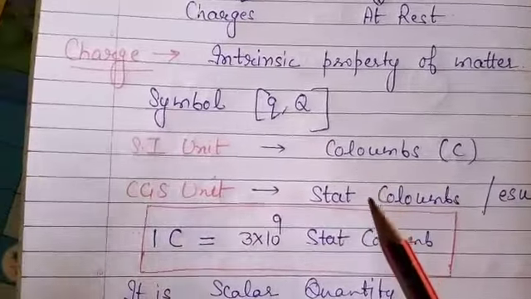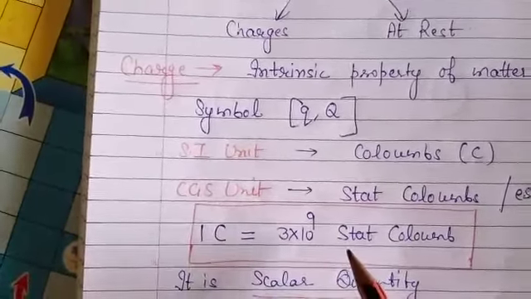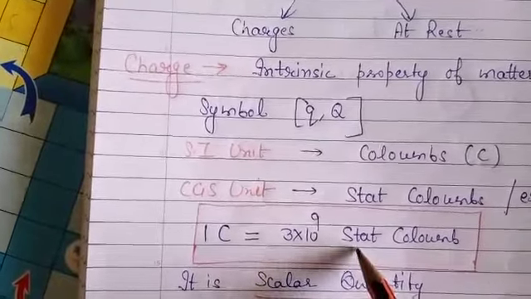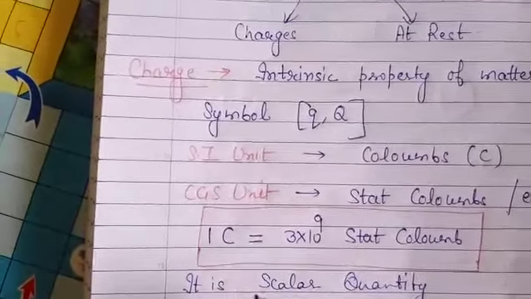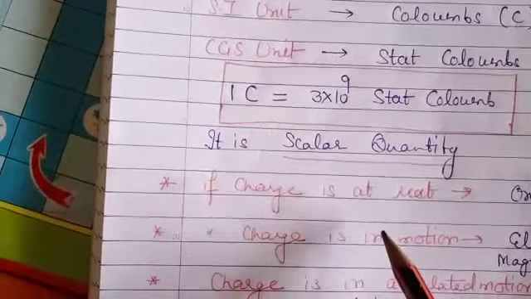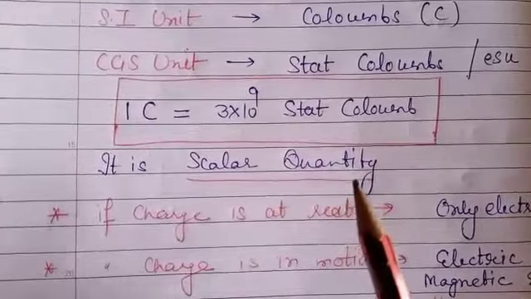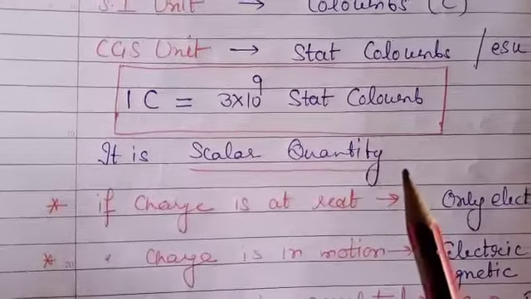And what is the relation between these two systems? 1 coulomb is equal to 3 into 10 to the power 9 stat coulomb. And charge is a scalar quantity, means it has only magnitude and no direction.